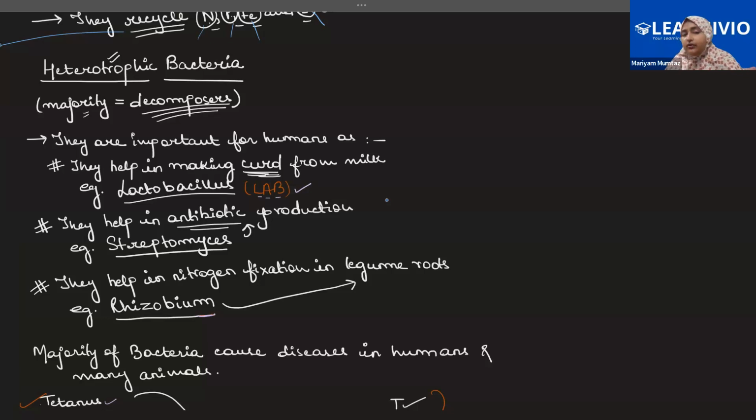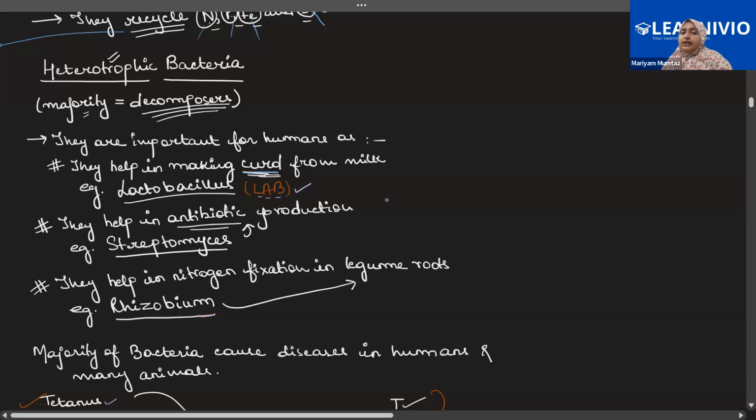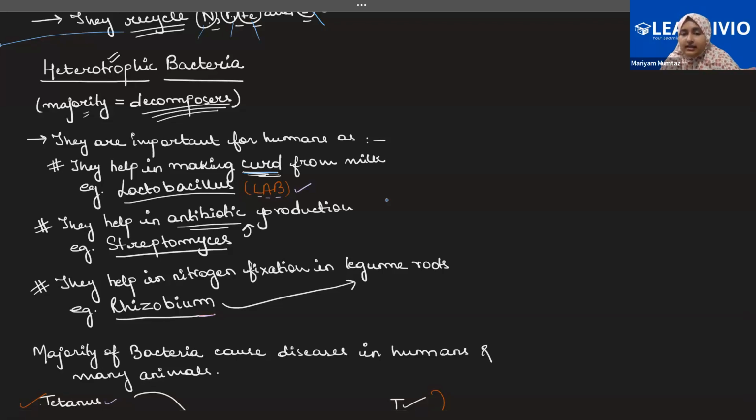Heterotrophic bacteria are very important for us humans because they help in making useful compounds, such as curd from milk. That is the lactobacillus, or lactic acid bacteria. This is a heterotrophic bacteria and it can make curd from milk.